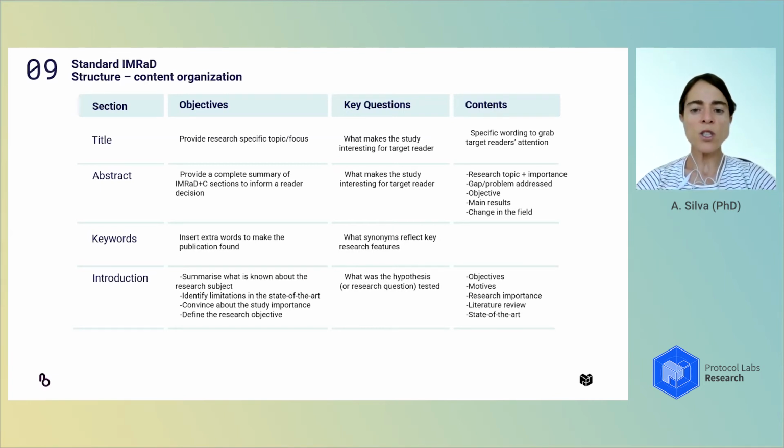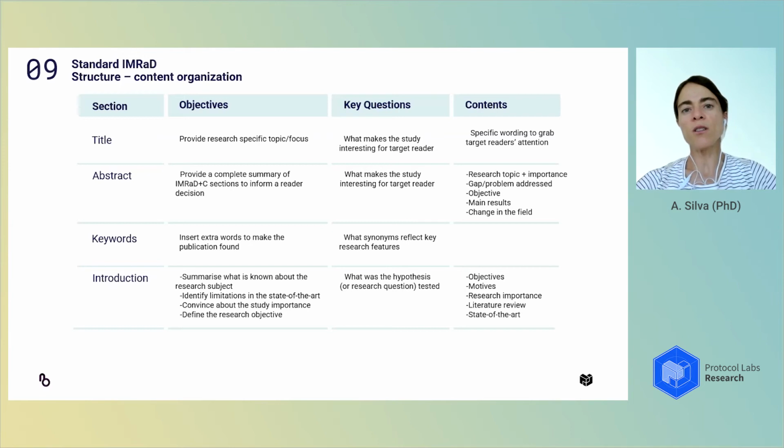In terms of key question, what the reader wants is, what is the hypothesis that you tested? Normally set out as a hypothesis, even in the realm of computer science. If not, you can write it as a research question. So the introduction includes objectives, motives, research importance, literature review, state of the art, all of these things that set out the position of this research in relation to others.